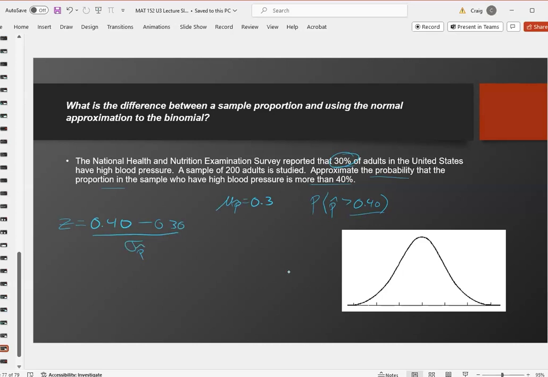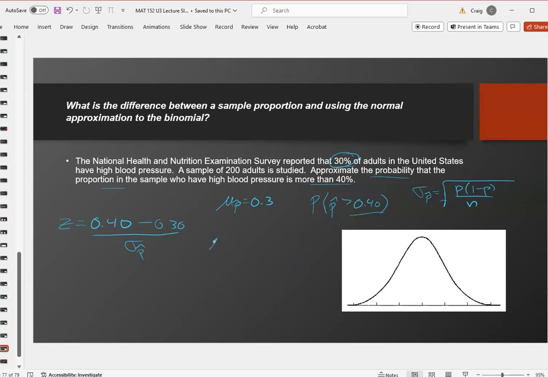So we need to calculate that value. It's going to look a little similar, but it's not exactly the same. I'm going to write the formula down first. In this case, it would be p times 1 minus p, divided by n. Then we take the square root.